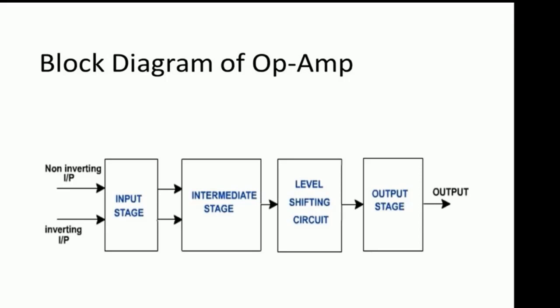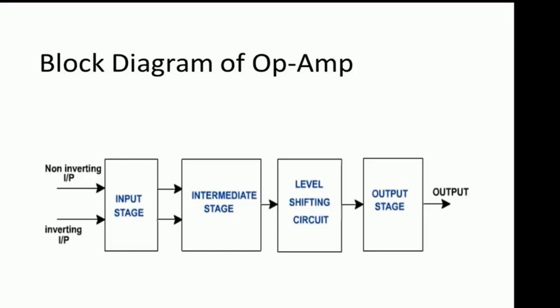Due to the direct coupling, the DC voltage at the output of the intermediate stage is above the ground level potential, so the level shifting circuit is used to shift the DC level down to zero potential with respect to the ground.